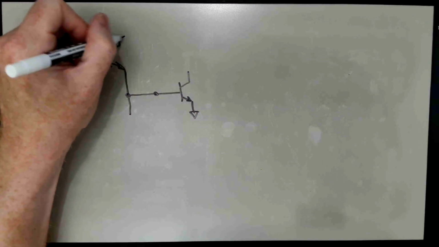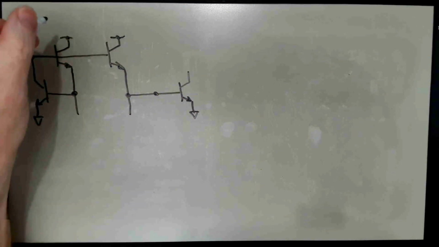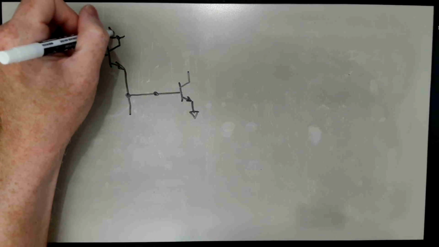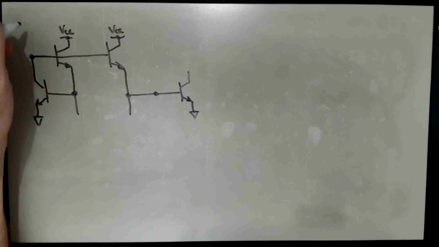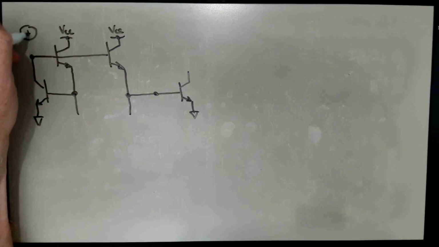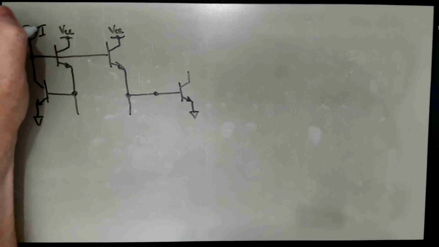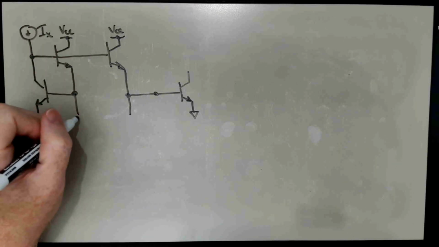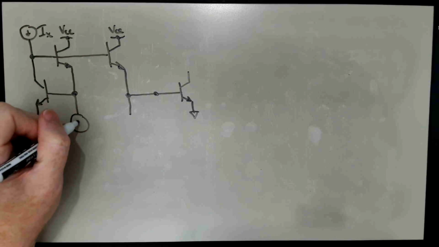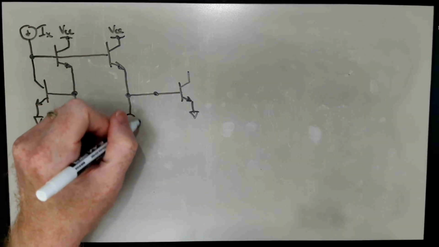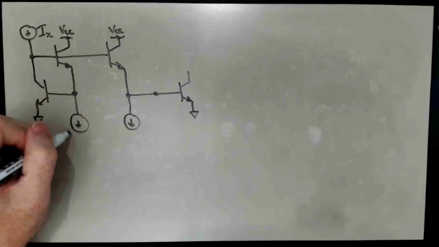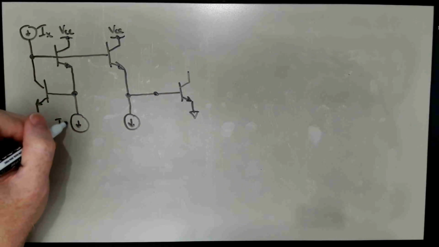So these two collectors are tied up to VCC. Our input current is IX over here. Two other input currents which are constant, we're going to call them I tau.